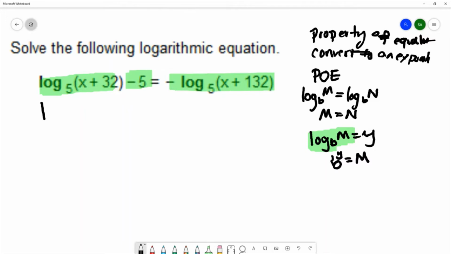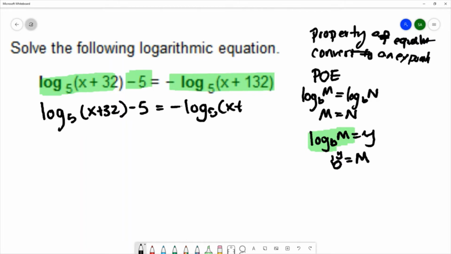So my equation is log base 5 of (x plus 32) minus 5 equals negative log base 5 of (x plus 132). So I can move this term to the left. That would bring all the logs together on one side.